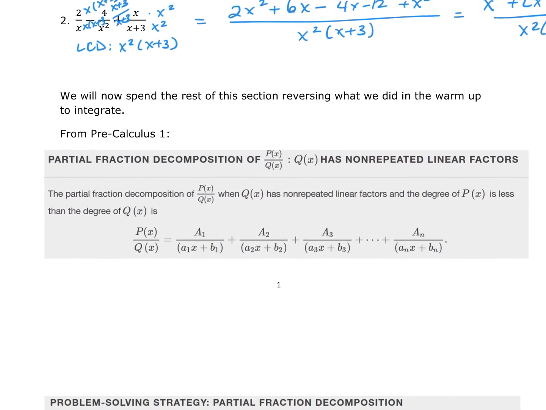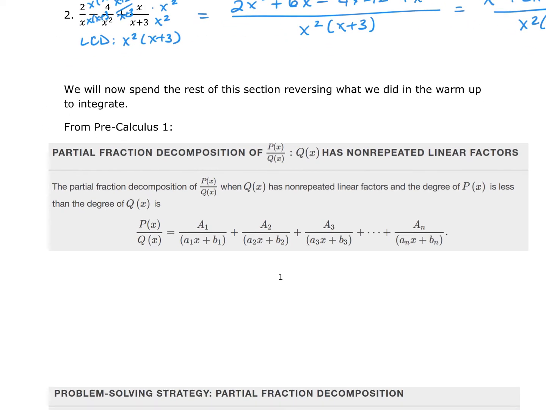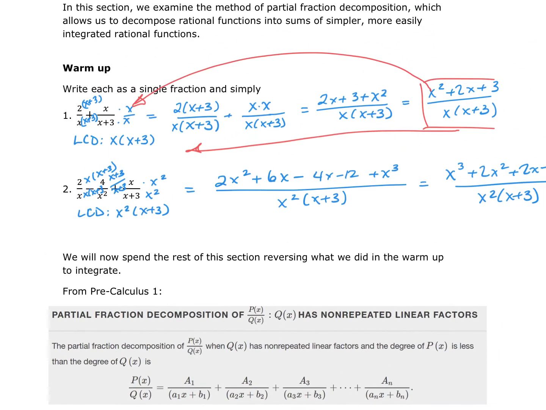So we're going to talk about now the partial fraction. Suppose we have this rational function p over q. Then I can rewrite this rational function with a1 over a1x plus b1, and so on. This is when we have non-repeated linear factors. What I mean by linear factors and non-repeating: if I look at this first example, my linear factors were x and x plus 3.